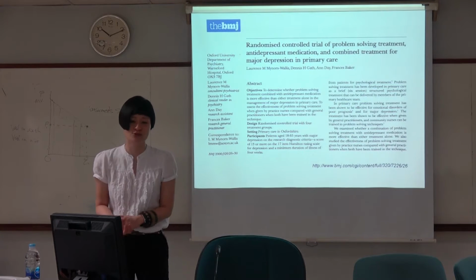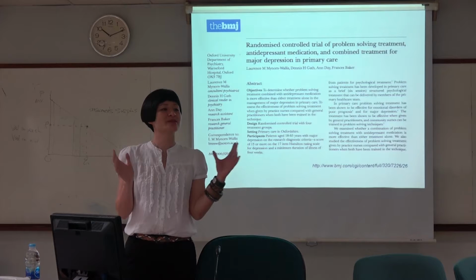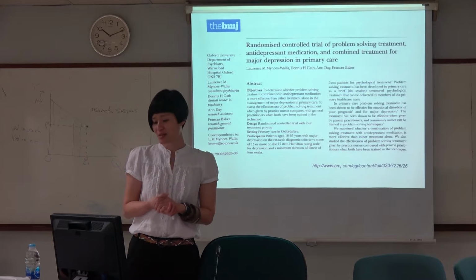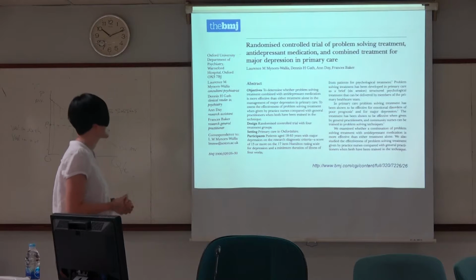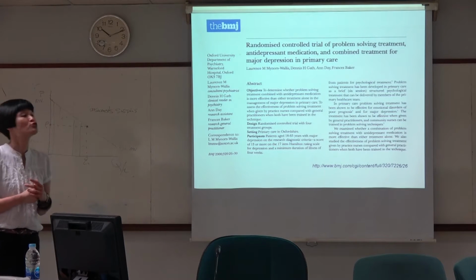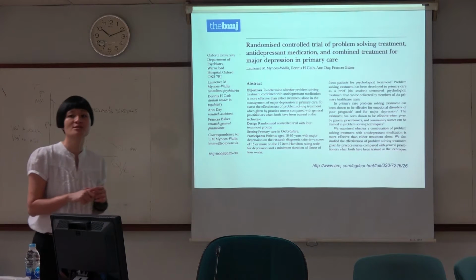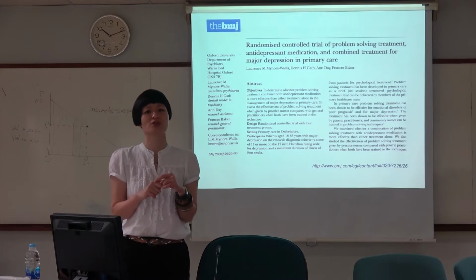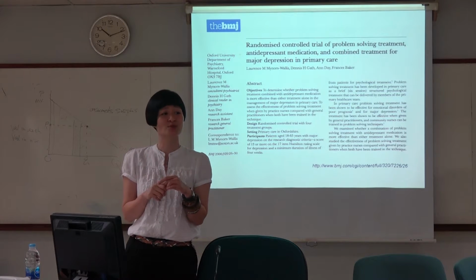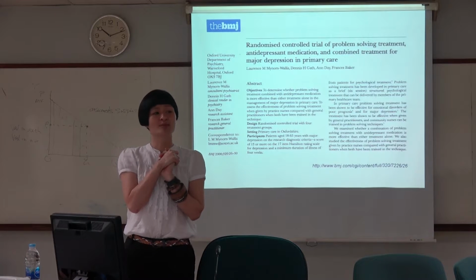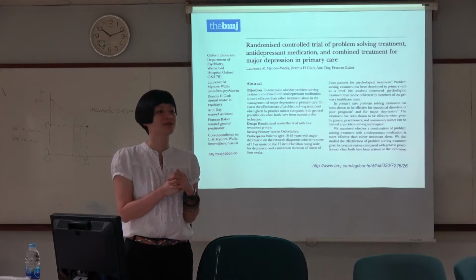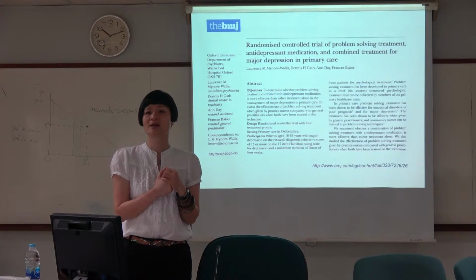Okay, so I think it's time for you to do a little bit of work. I know that this paper has been circulated already. This is a paper published in the British Medical Journal in 2000, a randomized control trial of problem-solving treatment, antidepressant medications, and combined treatments for major depression in primary care. So what I would like you to do is to get into groups of 4s, and think about the domains when assessing risk of bias that I've talked about earlier, and give a judgment.